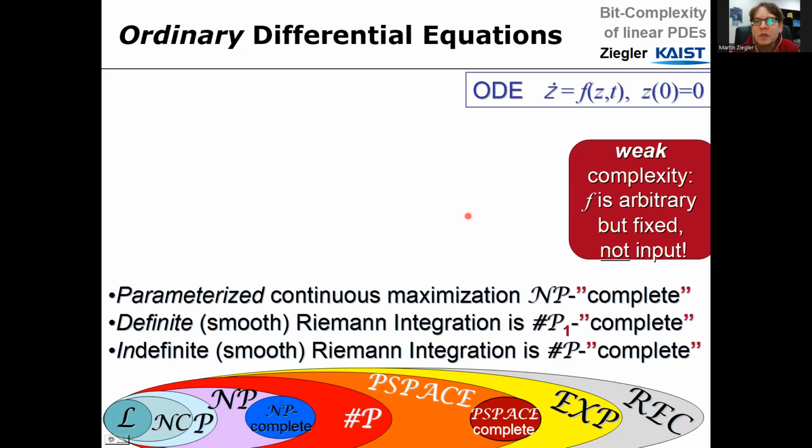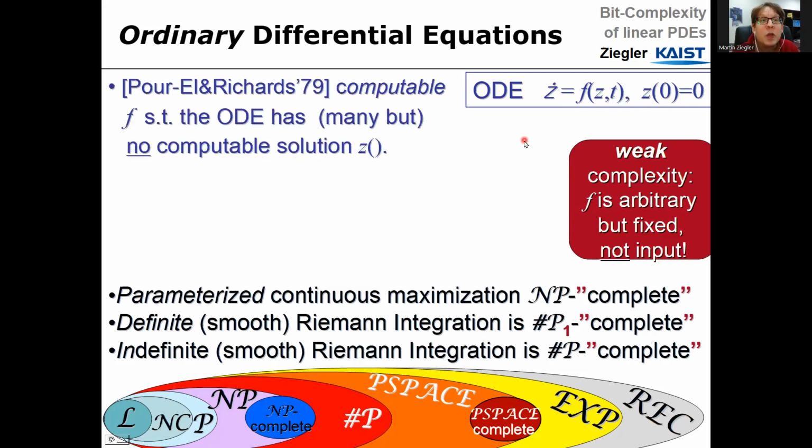So here you see a first order differential equation with initial condition, and Pour-El and Richards pointed out that there exist computable functions f such that this ODE has many solutions but no computable solution at all. So we must be really careful.